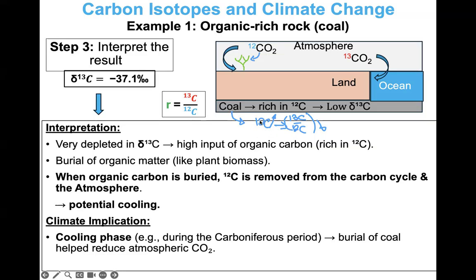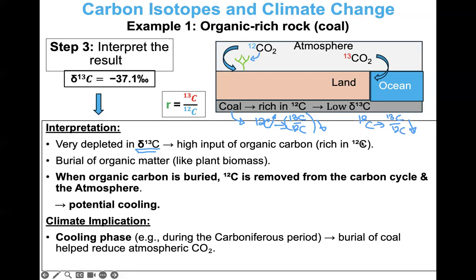Okay? So a very depleted delta 13C, which means a very, very low ratio, means high input of organic carbon, which means rich in C12. So anytime we have a very, very low delta 13C, it simply means we have a loss of C12, meaning that the ratio is very low.